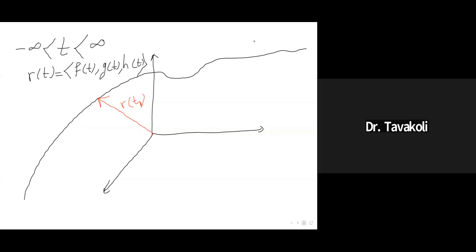As a simple example that we are familiar with, we can have an equation or a vector valued function that represents a line in the space. This is similar to the examples that we have seen before. So find r(t).